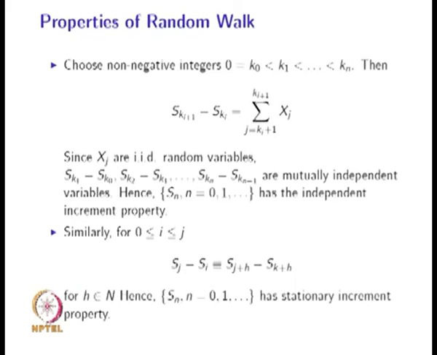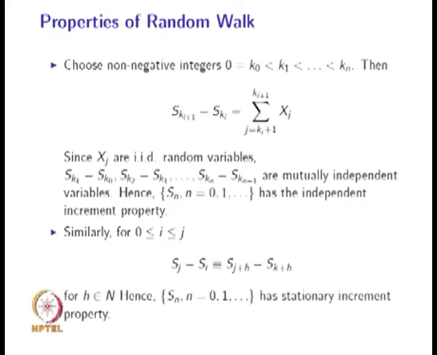Since xi's are IID random variables, if you take non-overlapping intervals or the increments of Si's, then they will be mutually independent, because each of these increments will be nothing but the sum of a few xi's, and we know that each xi is a mutually independent IID random variable.